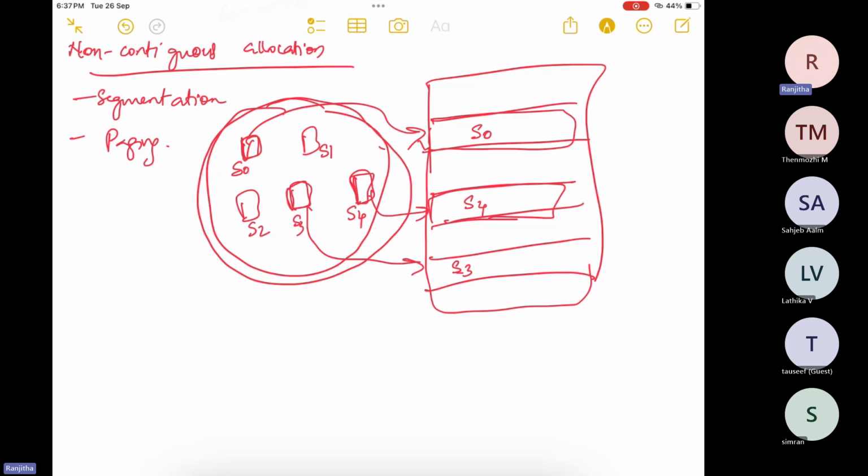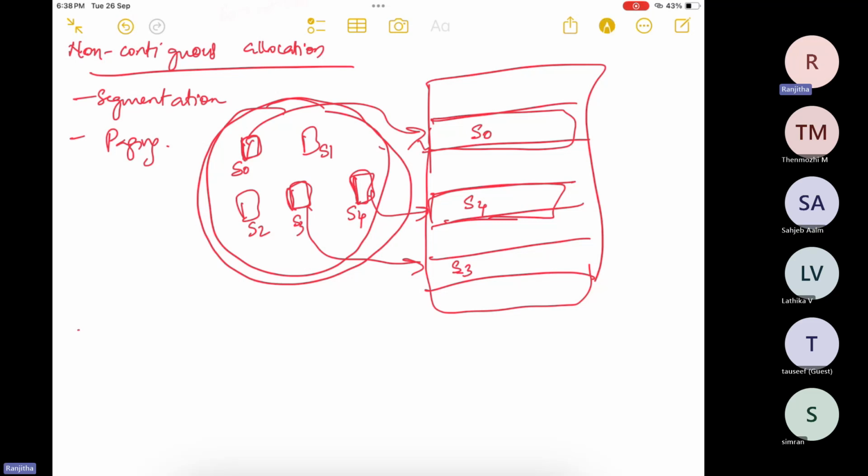So in the physical memory, these segments can be scattered, and when the CPU processes the instructions one by one, the logical address, that is the segment number plus offset within the segment, there will be an offset for each instruction. So the segment number plus offset will be translated into the physical memory. That is how segmentation works.